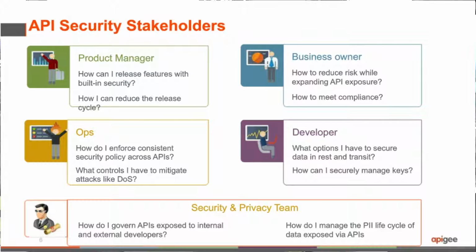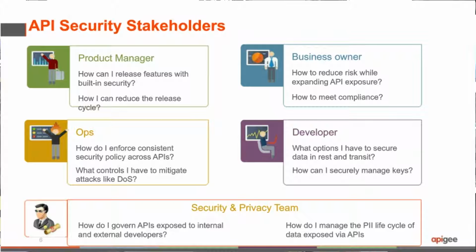Before we look into the threat aspects of the APIs, it's very important that you, as an API architect or designer, are able to ask the right questions of stakeholders. The stakeholders include your product manager, who wants to make sure they release the products with security built in, not after the fact.